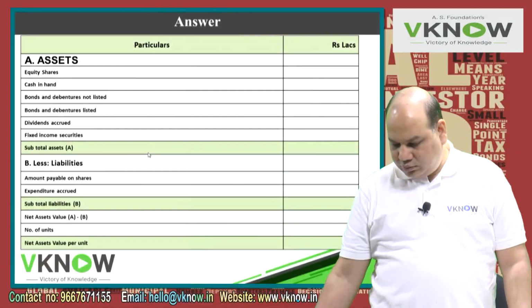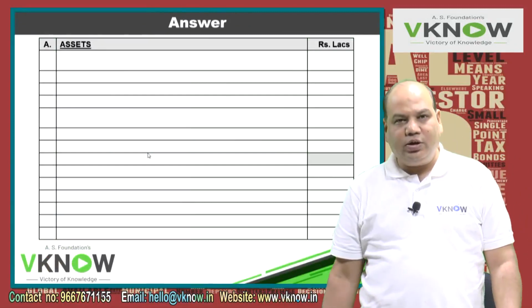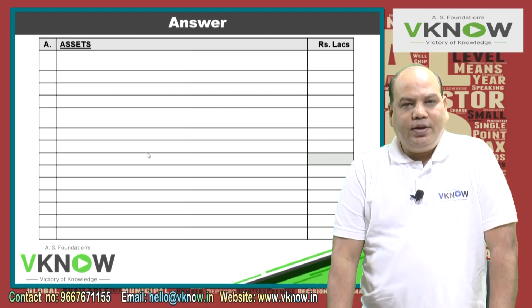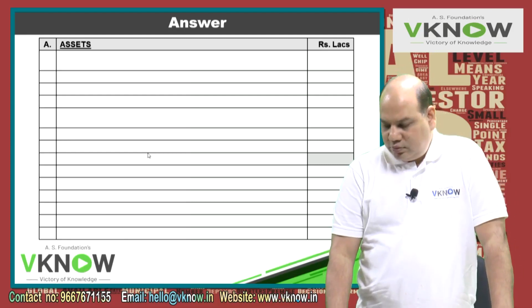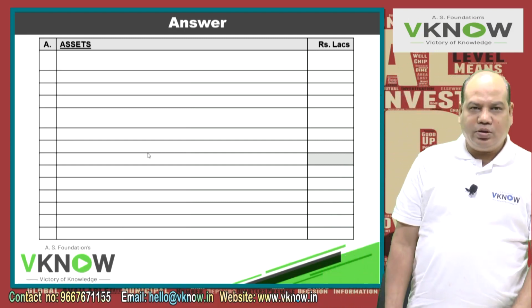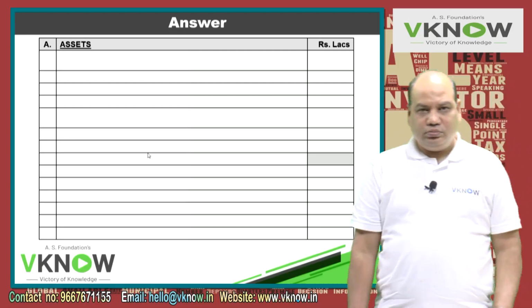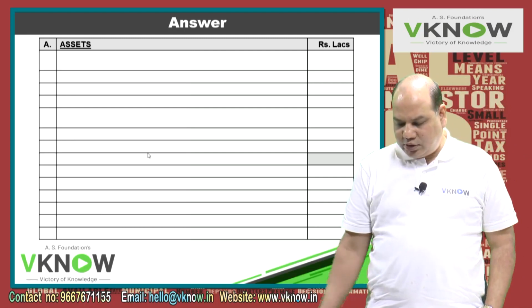First you write down calculation of NAV. Heading is calculation of NAV. Serial number, particulars, rupees in lakhs. Point number A, assets.